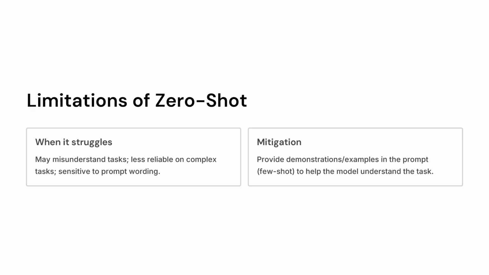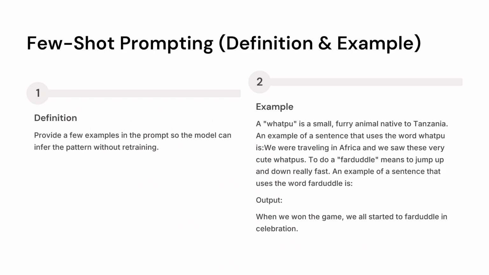As we know, LLMs are very sensitive to prompts, and even a small change in the prompt wording can change the output significantly. So, to tackle this, we started giving a few examples in the prompt itself. This is known as few shot prompting. Few shot prompting basically means that along with the instruction, we provide a few examples of what the LLM actually needs to answer.